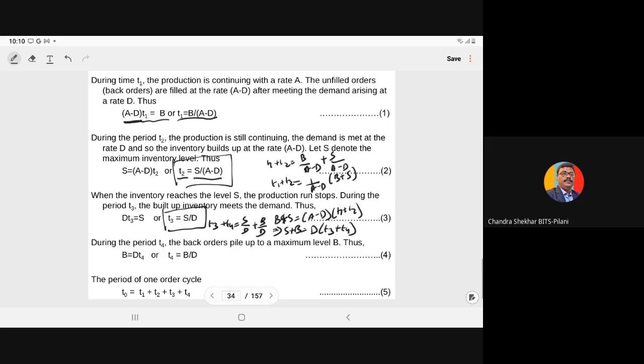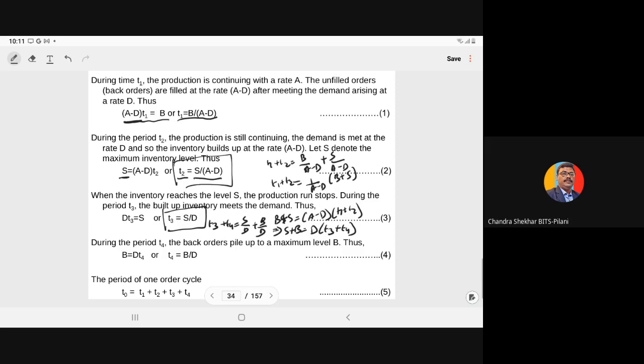Similarly, during T2, we store S items with the rate A minus D. It means that after satisfying the current demand with the delivery rate A, we are able to stock S items. So here T2 will be S upon (A minus D).